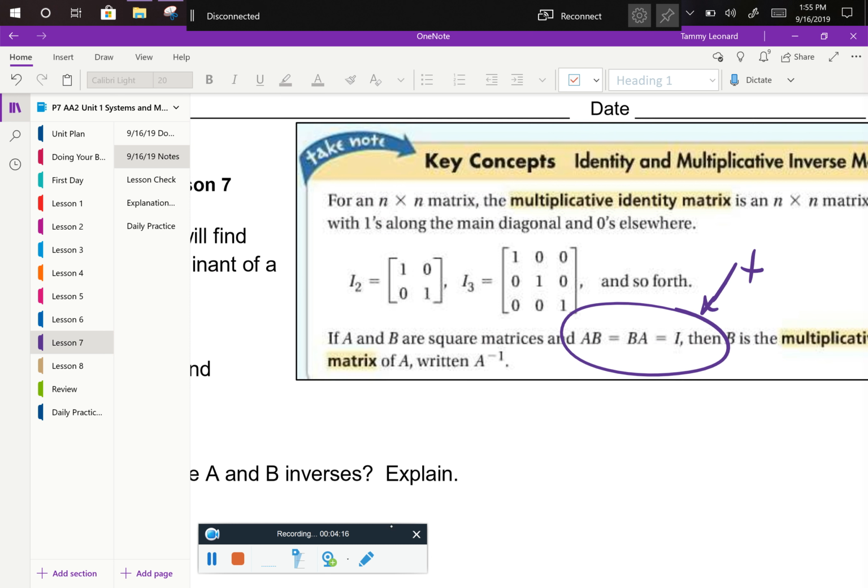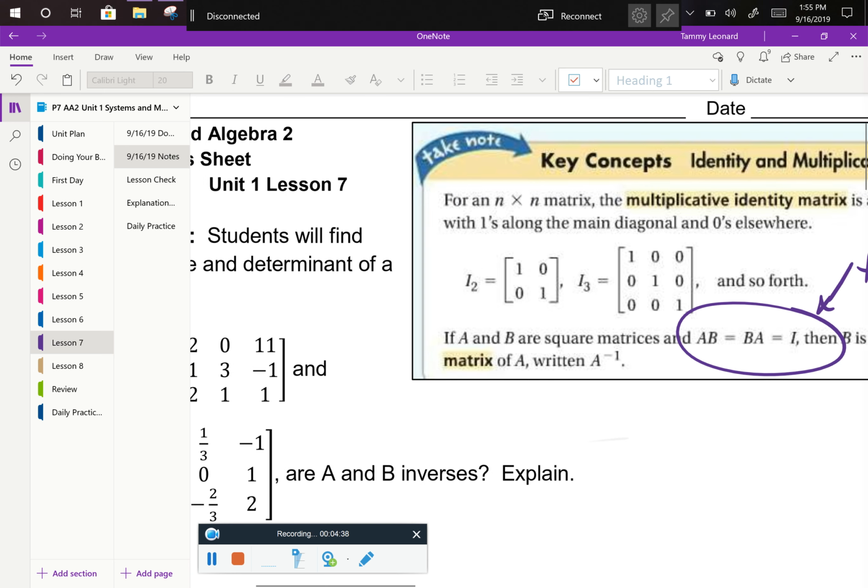This is how we test to determine whether or not two matrices are inverses, which isn't something we'll do a whole lot, but it will come up in the lesson 7 daily practice that you're going to do tonight, okay? So you will see a question where they say, here are two matrices, are they inverses or not? And then you'll have to explain how you know whether they are or are not.